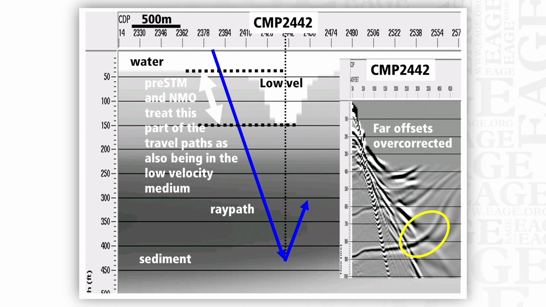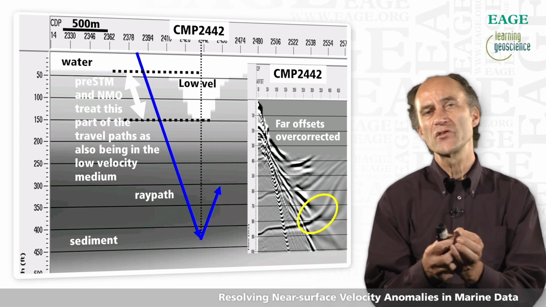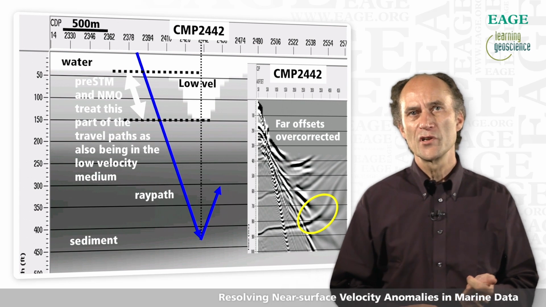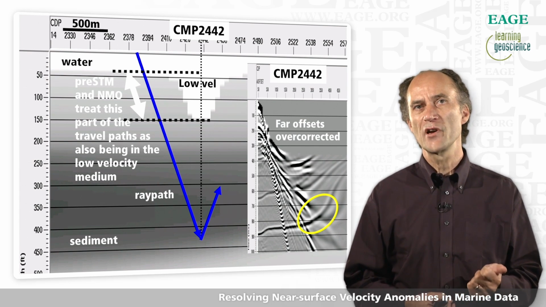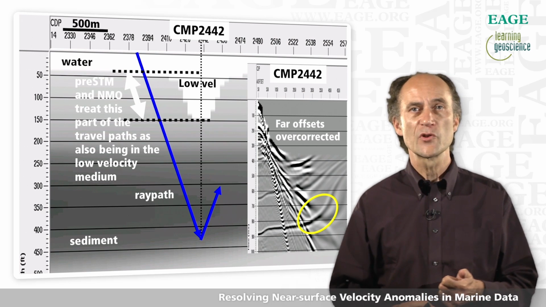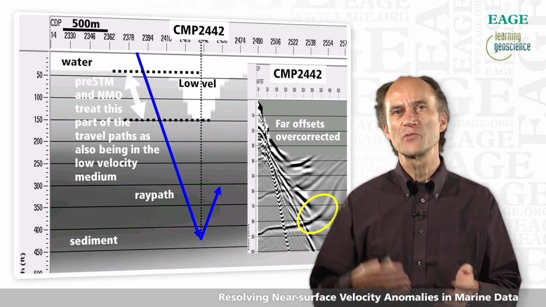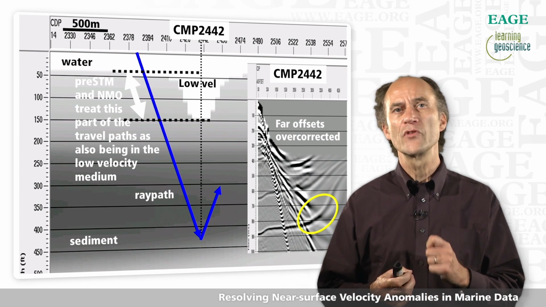However, the far ray paths in the gather don't see it. But a time migration process assumes that all traces in that gather have the same velocity, in other words, lateral invariance. So this goes on to show us that the velocity model for time migration should never be the correct model, because we'll get a better stack response from migrating these data with a model which best flattens those data, not with the real Earth model.